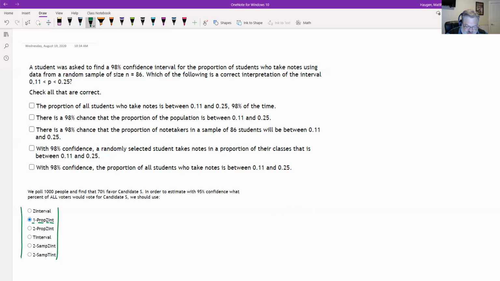So I'm going to draw a picture because, you know, I draw pictures, right? So they found some p hat. That p hat is presumably in between the 0.11 and the 0.25. And they have an interval from 0.11 to 0.25 that they think the mean should be in somewhere.